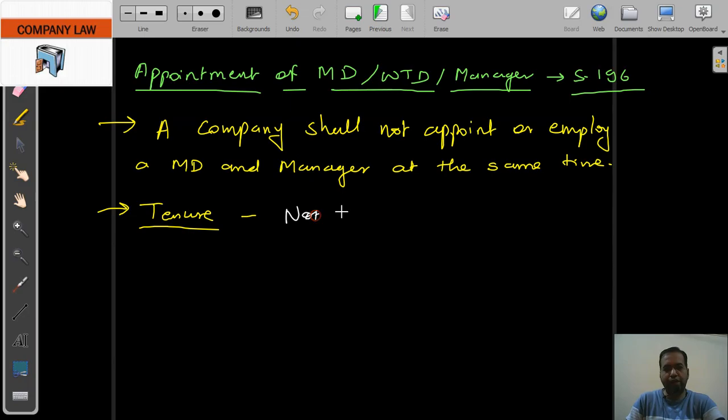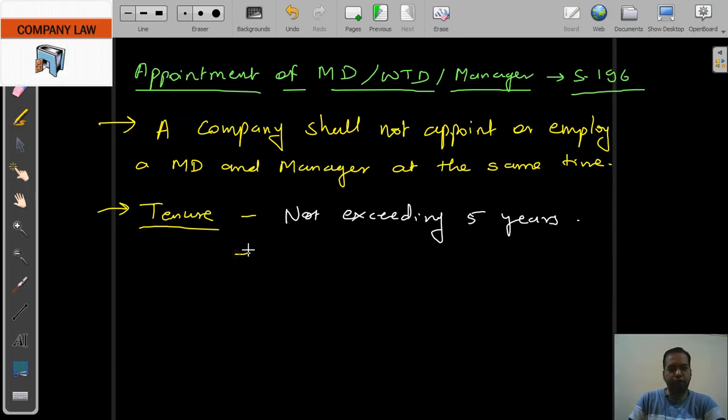Not exceeding 5 years. So an MD can be appointed for a period not exceeding 5 years. It is further provided that no reappointment shall be made earlier than 1 year before the expiry of his term.